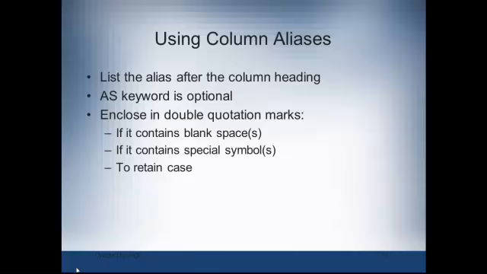If your column alias contains special symbols, in other words, symbols that cannot be used in a database object name, then the column alias would need to be in double quotation marks. And the third reason why we would be required to use the double quotation marks is if you want to retain the case of your column heading.